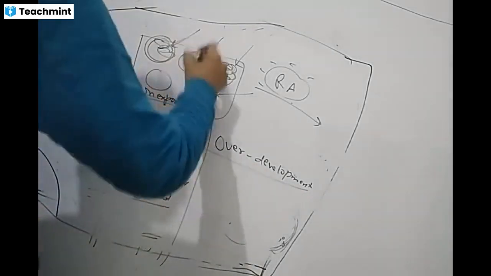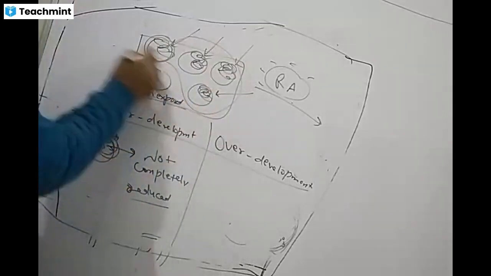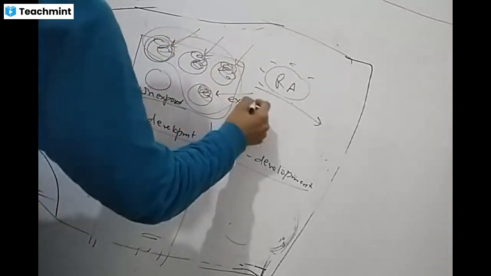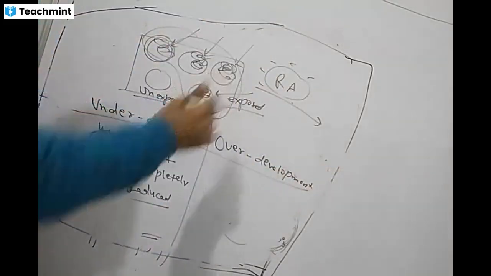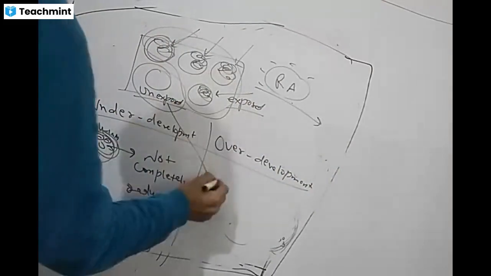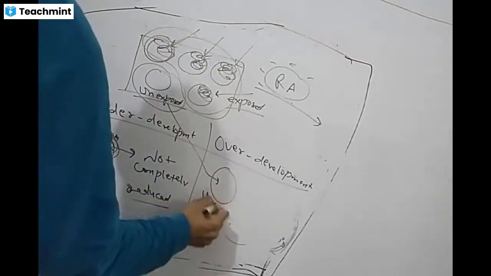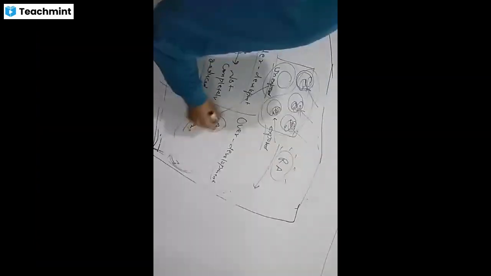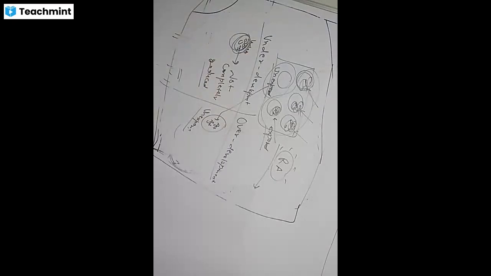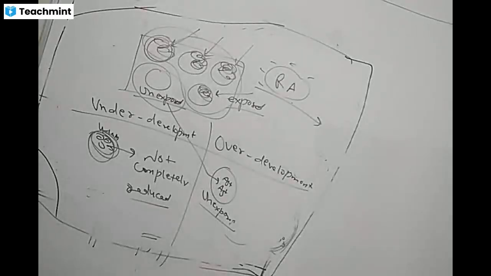Overdevelopment means you are having 1, 2, 3, 4, these four exposed crystals, they are fully reduced. In addition to this, there is an unexposed crystal, which is having Ag+ in the interstitial spaces.